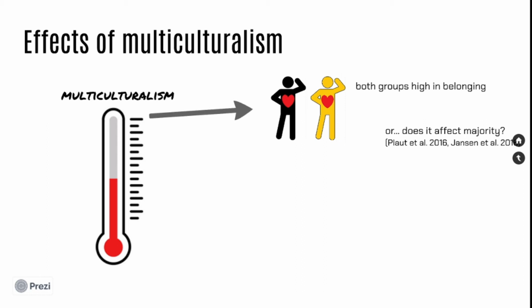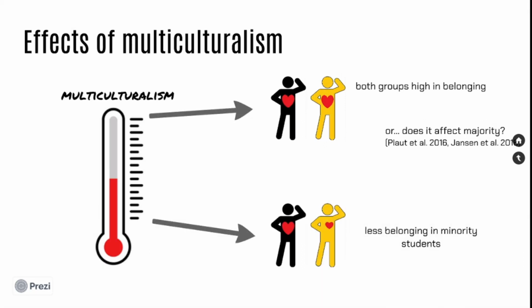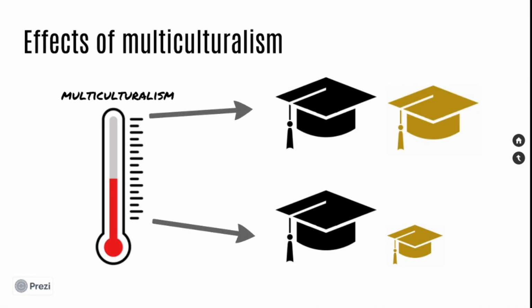But after the authors of our study conducted another analysis, this effect didn't occur. And when multiculturalism was low, there was a significant gap in belonging between majority and minority students. And regarding grades, multiculturalism did not differentiate majority students' grades, but had a positive effect on minority grades.